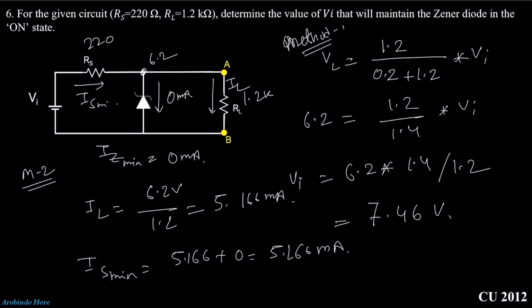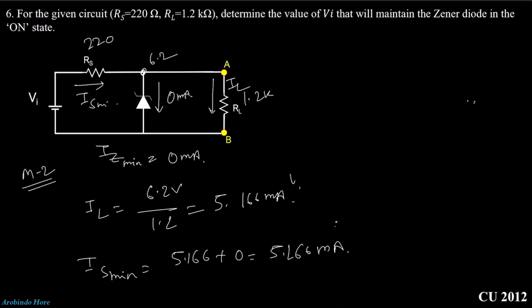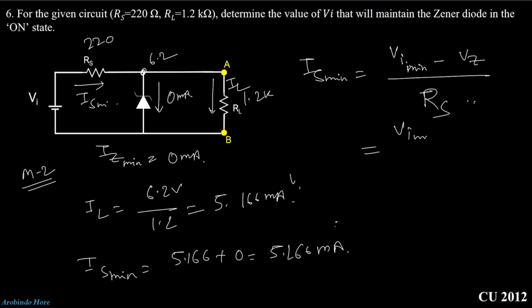As we already have the Is minima, we can easily calculate the Vi minima. How? Is minima is equal to Vi minima minus Vz divided by Rs. That means Vi minima minus 6.2 volt, divided by 220 ohm, equal to 5.166 milliampere.